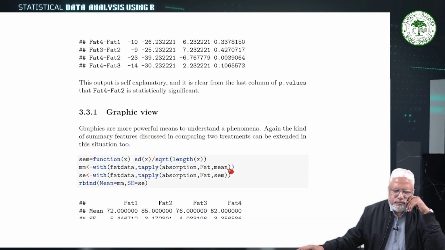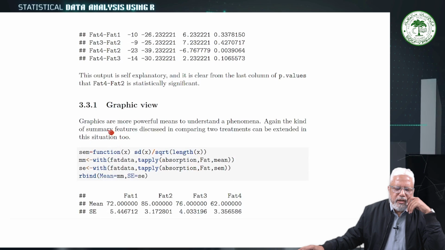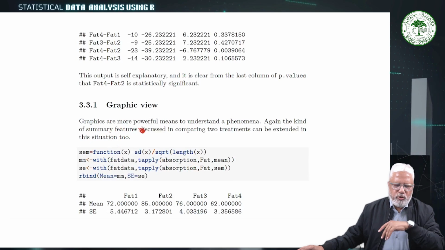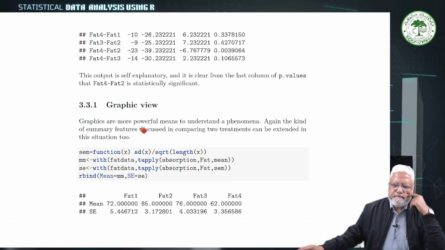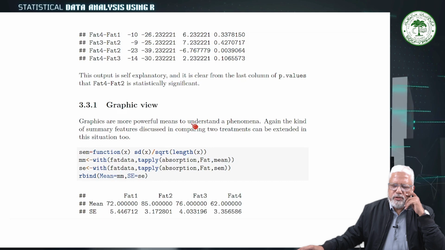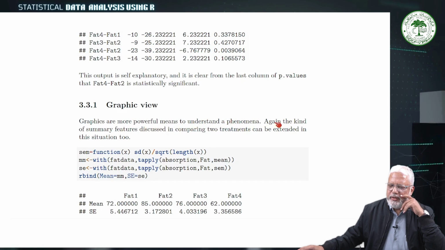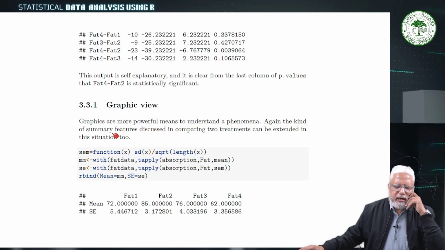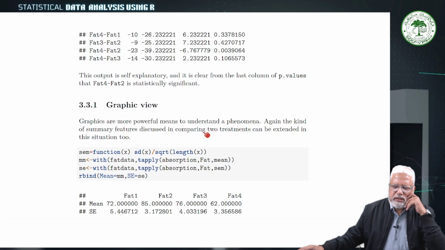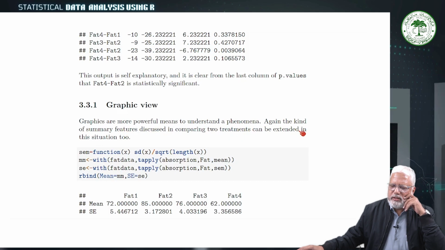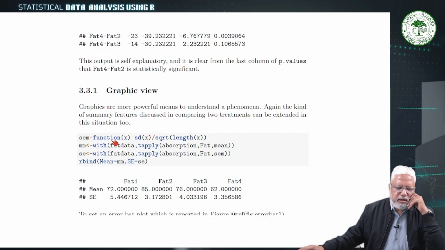Graphic view. See, graphics are a more powerful means to understand a phenomenon. Again, the kind of summary features discussed in comparing two treatments can be extended to this situation.